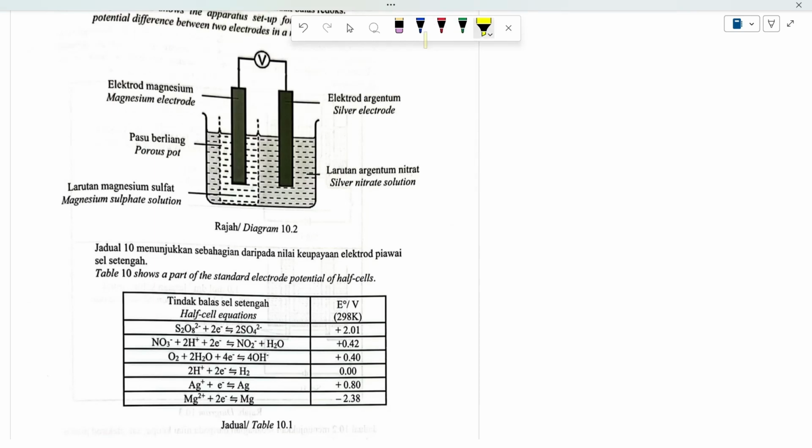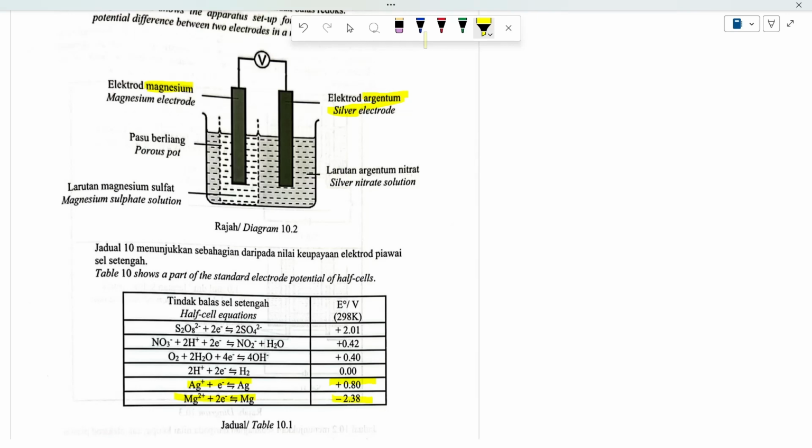One is magnesium, another one is silver. Look into the E naught value. Silver is here, magnesium is here. Which one will become the anode? The one with magnesium. The more negative E naught value becomes the anode.